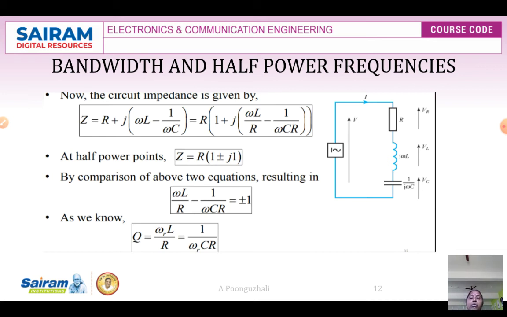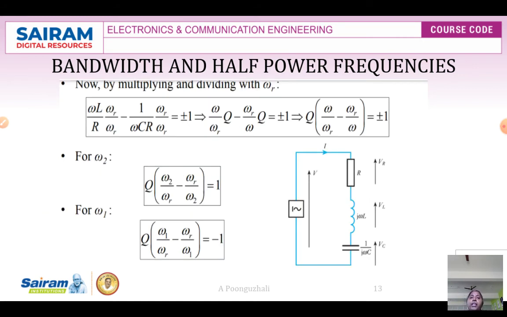So Q is equal to omega r L by R, or it is equal to 1 by omega r C R. Now if I multiply and divide with omega r, our expression is going to be omega L by R into omega r by omega r, minus 1 by omega C R into omega r by omega r, is equal to plus or minus 1.